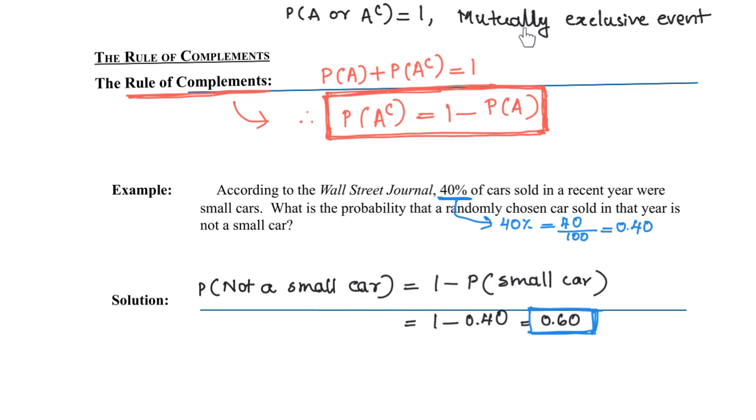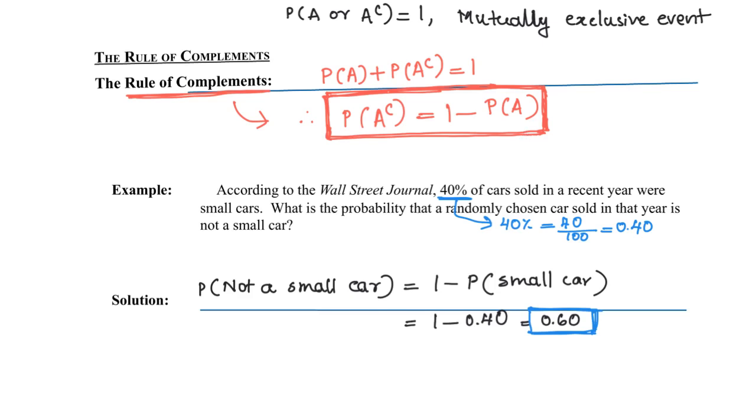They are mutually exclusive events because event A and A complement cannot occur at the same time. So we can just use the addition rule. So this will be probability of A plus probability of A complement, that is equal to 1. Then if we subtract probability of A from both sides, we get probability of A complement equals 1 minus probability of A.